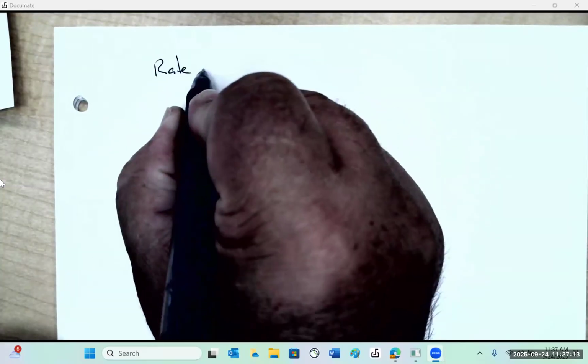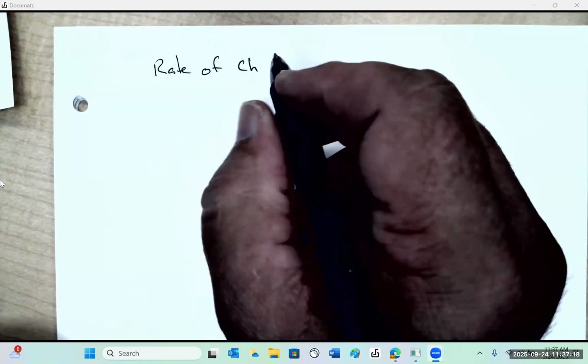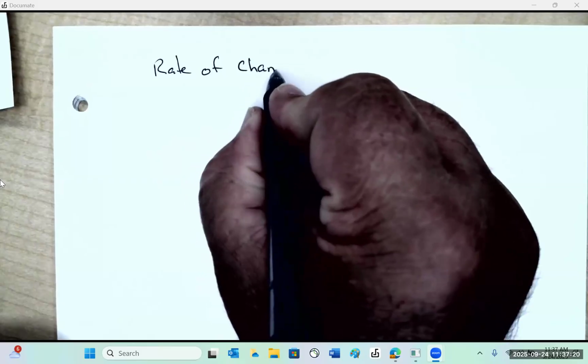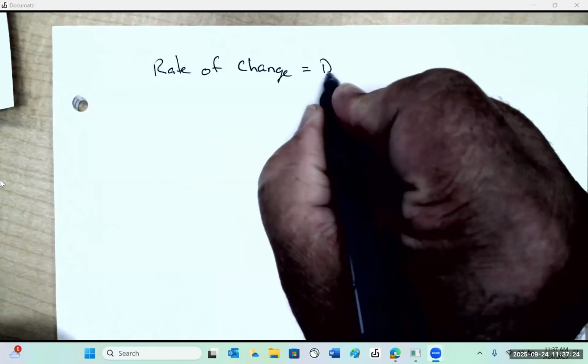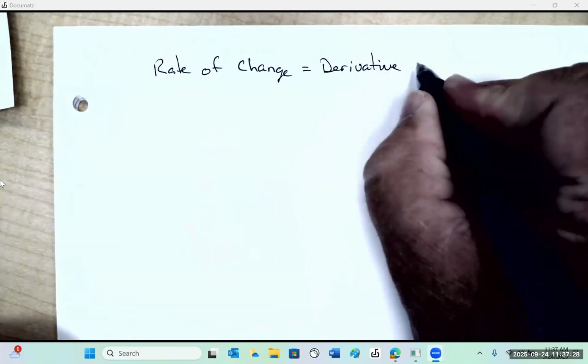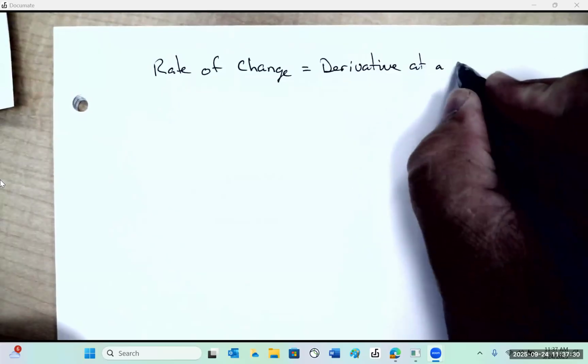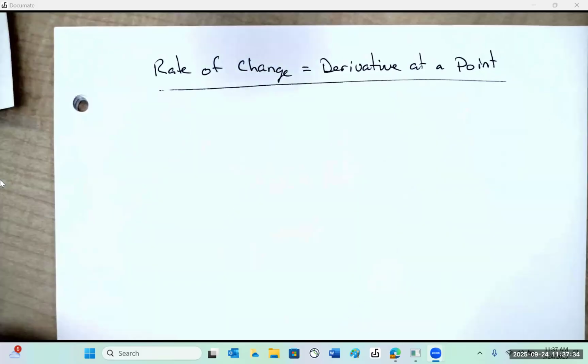Let's go one step further. Let's now define the first part of calculus. The rate of change is the same thing as a derivative at a point.